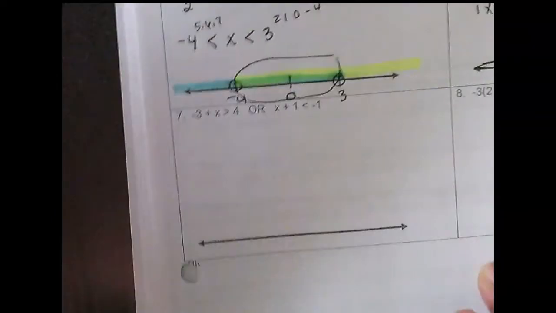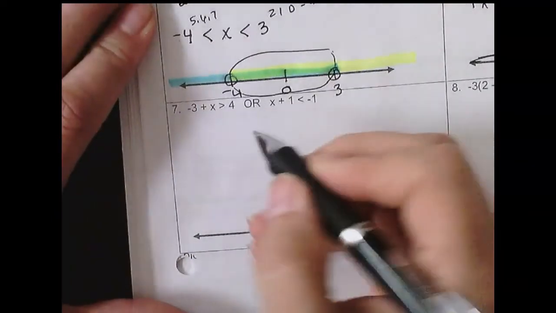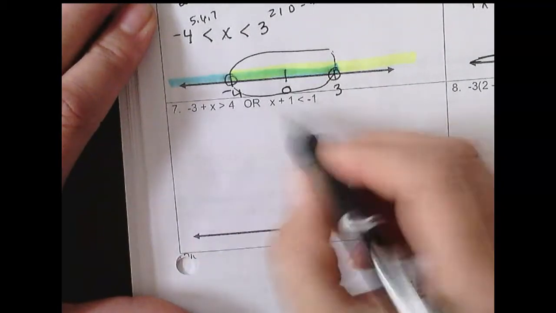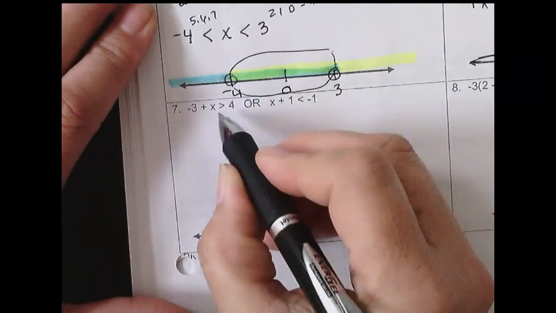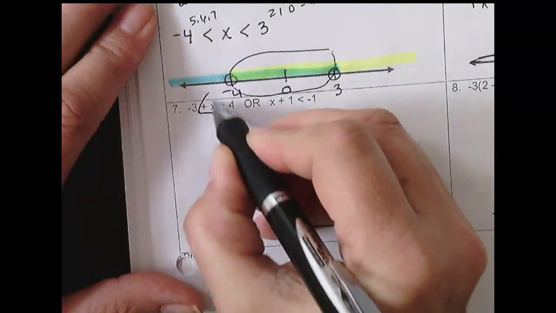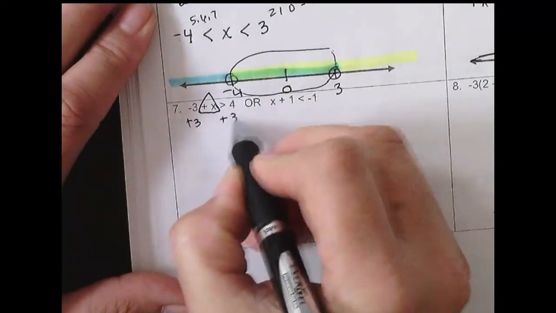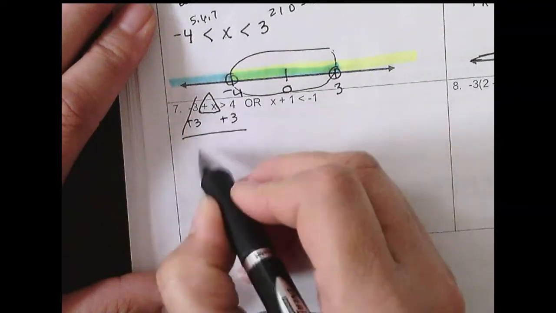Question 7. My goodness, you got more to do, right? I know it. So we'll just do one, and then we'll do the other. X is at least on the left, so I'm going to mark that one. The rest are circles. So then plus 3, 0.